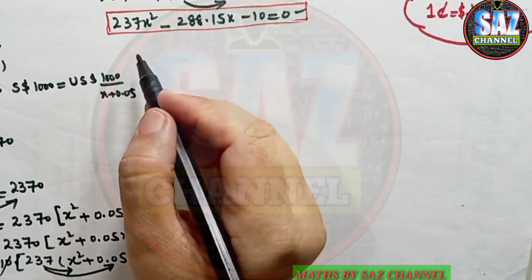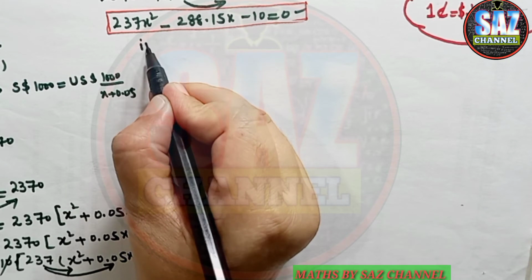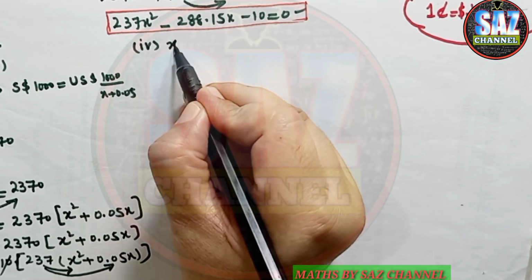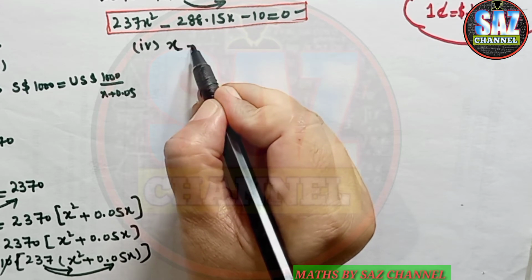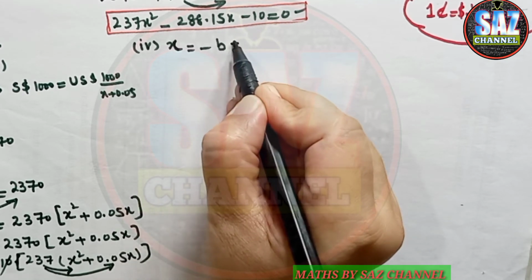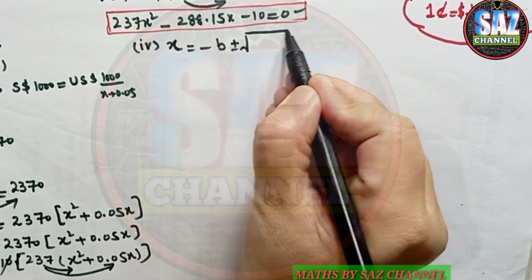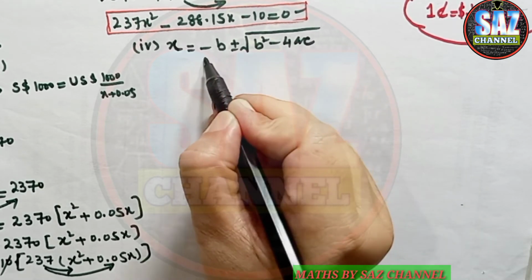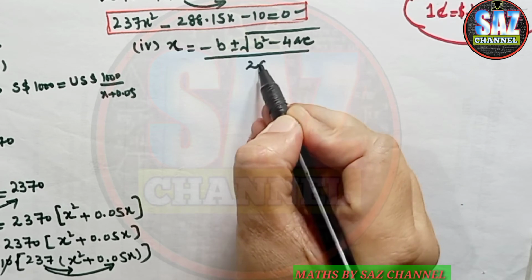Next part says that we have to solve this equation. In order to solve it, as the equation is large, I will be using the quadratic formula, that is x equals minus b plus minus the square root of b square minus 4ac upon 2a.